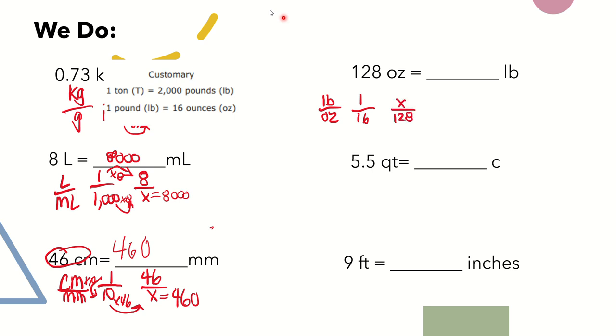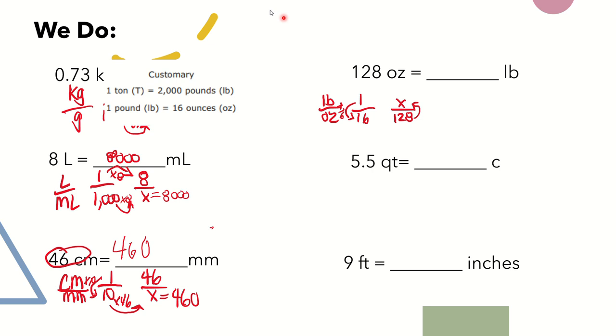Now again, I see several relationships that we can use. I know that 1 times 16 would give me 16. So I need to figure out what times X will give me 128. So in this case, instead of multiplying, I could divide.